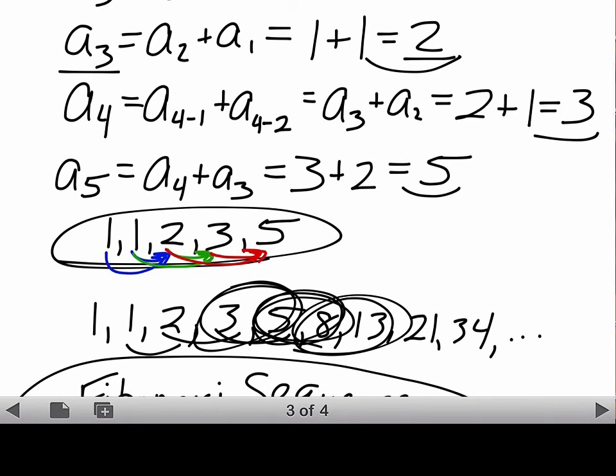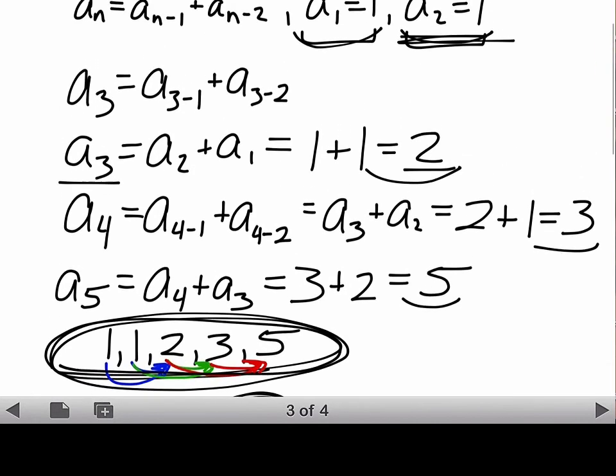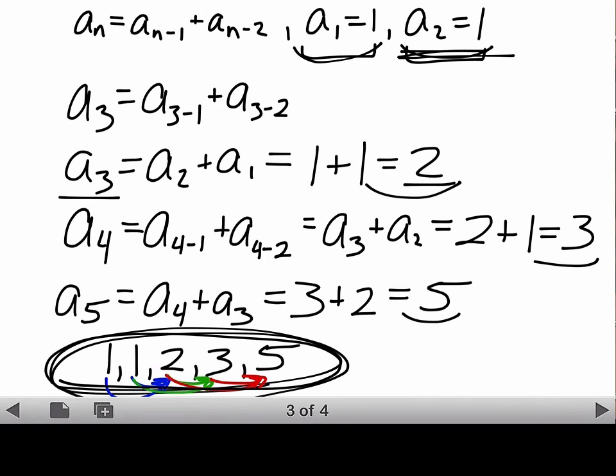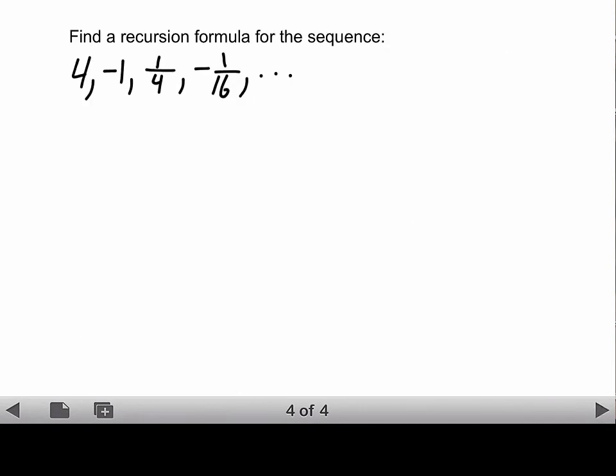Anyway, the answer to this question, 1, 1, 2, 3, 5, are the first 5 terms of this recursively defined sequence. And this session wouldn't be complete without trying to figure out a formula, so here we are asked to find a recursion formula for the sequence 4, -1, 1/4, -1/16, ... In other words, we're supposed to come up with a formula that depends on previous terms.